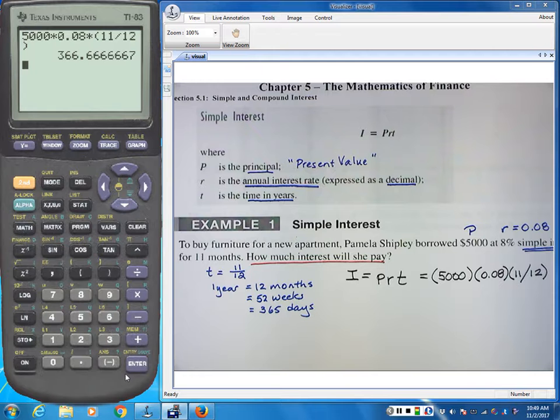So that means the amount of her interest that she's going to pay, and this is always going to be rounded, since it's money, to the nearest cent. So the amount of interest that she's going to pay is $366.67.